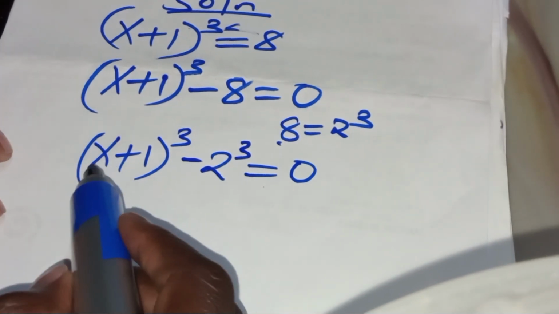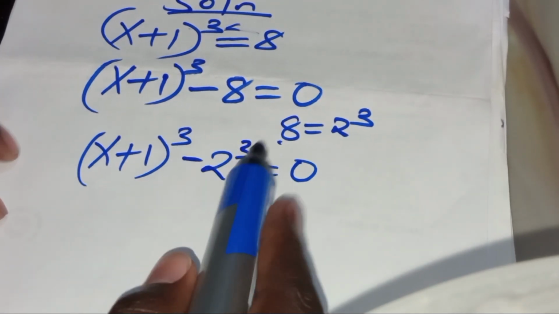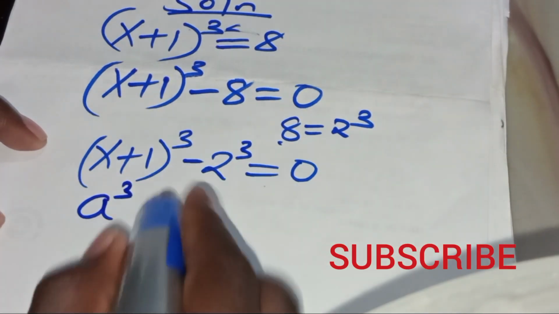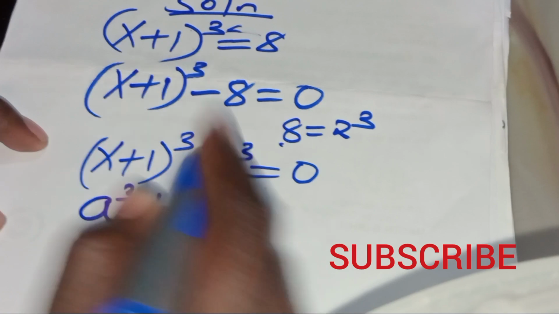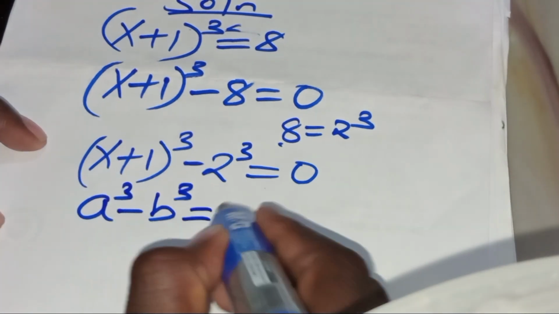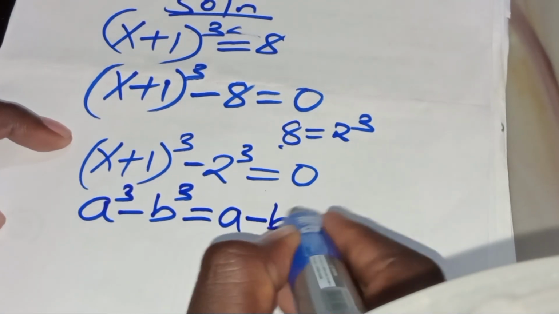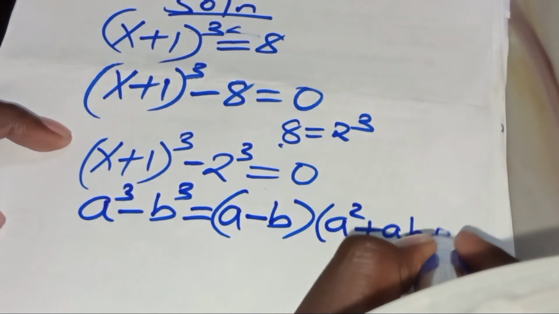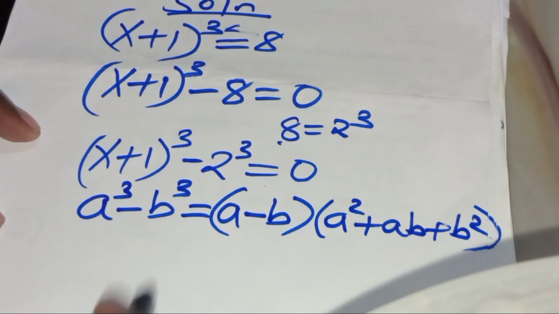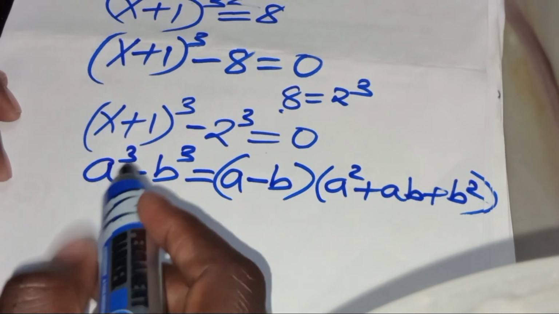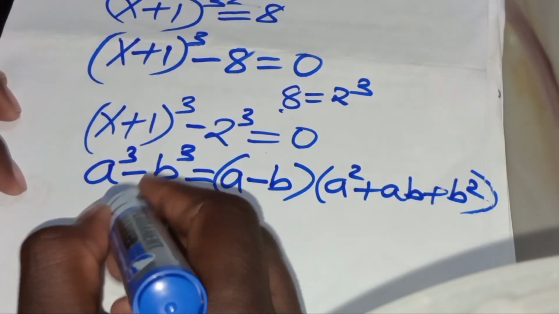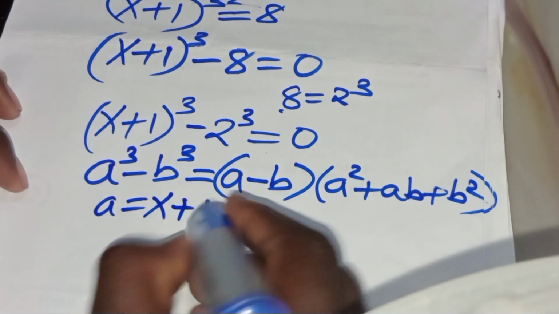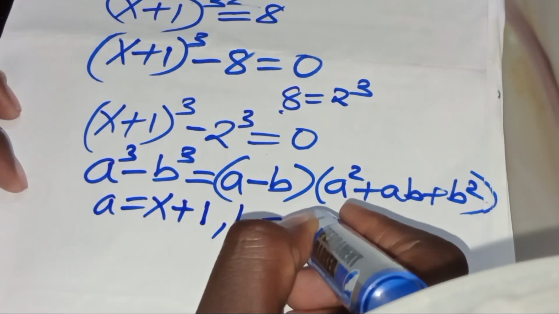Now, as you can see, (x + 1)^3 - 2^3 is actually the difference of cubes, which is in the form a^3 - b^3, which we can express as (a - b)(a^2 + ab + b^2). Okay, so applying this property, we'll have a as x + 1 and b equal to 2.